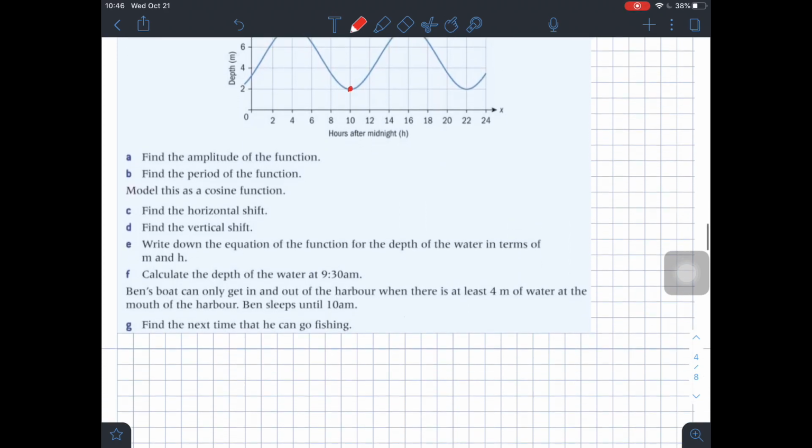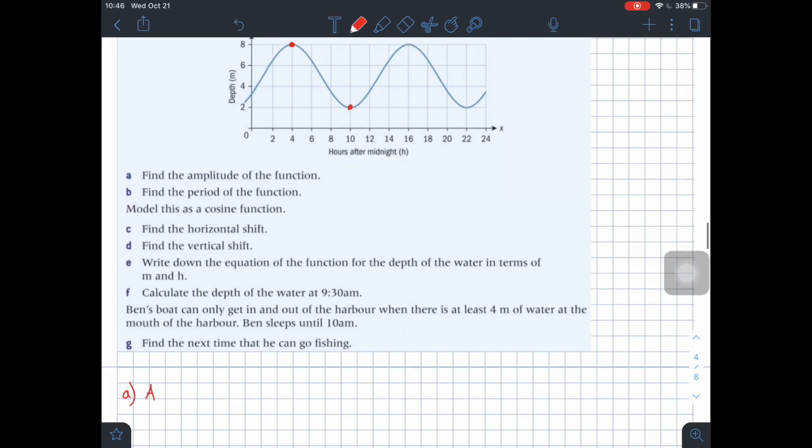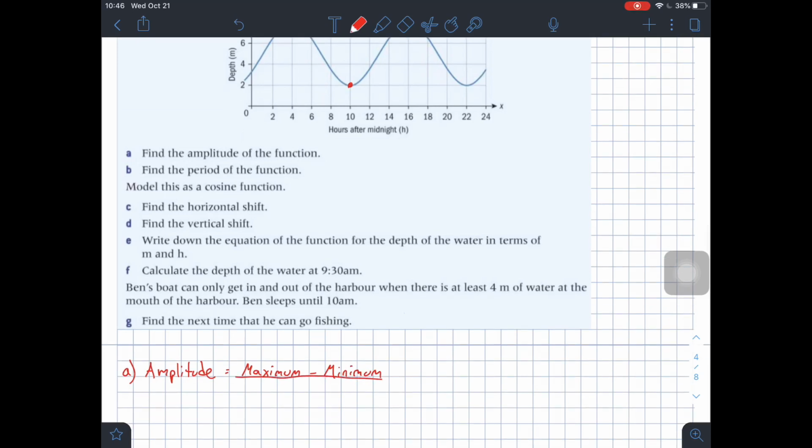So in part A, let me do it here, we would say that the amplitude is half the distance from a maximum to a minimum, right? So we would write this as maximum minus the minimum value in order to find the distance, and we're going to divide this by 2 in order to have half of this distance.